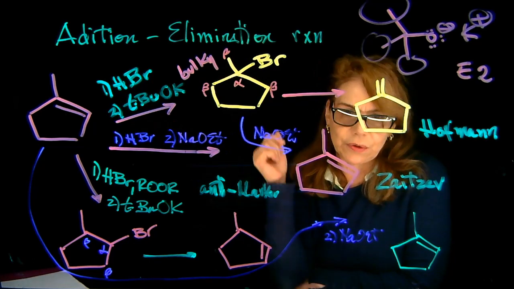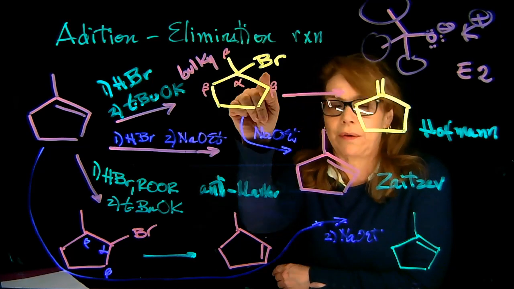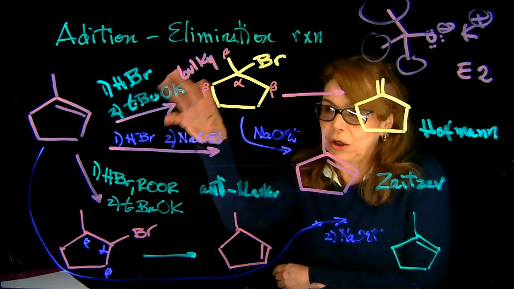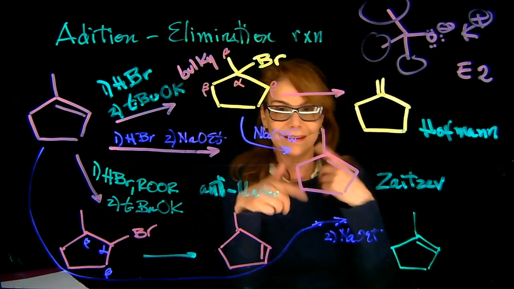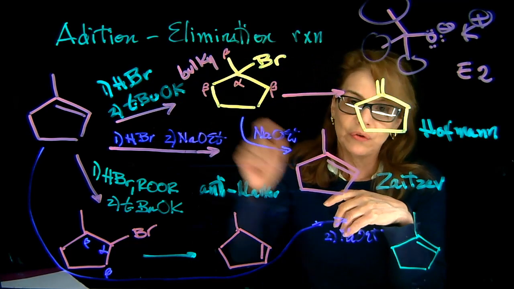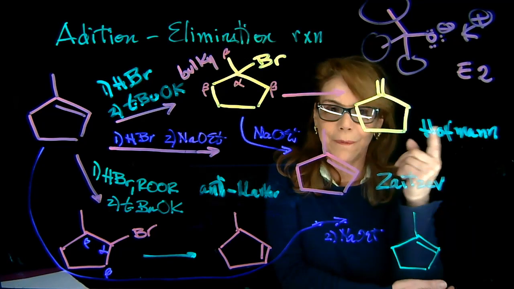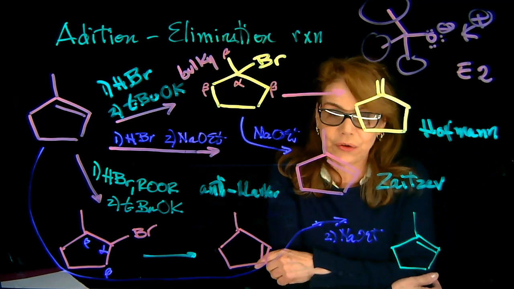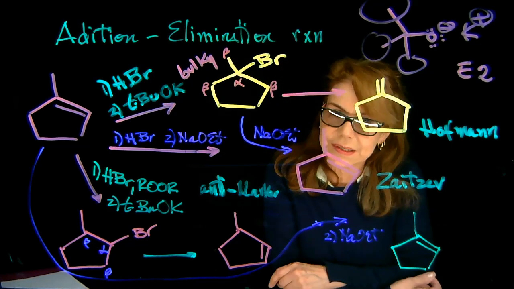The first reagent was hydrohalogenation, so it would be Markovnikov addition, and you have that. Second, the other reagent was changing in this too. The second reaction is the elimination. In the first case, you use a bulky base, and that will give you preferentially the Hofmann product, the least substituted alkene. In the second, you use sodium ethoxide, you get more Zaitsev.